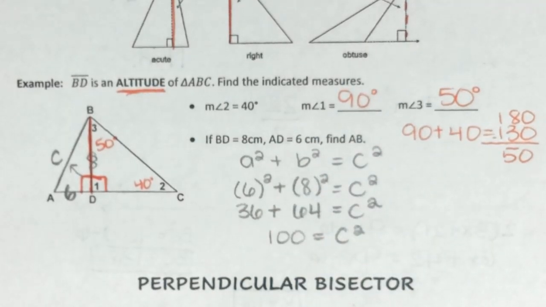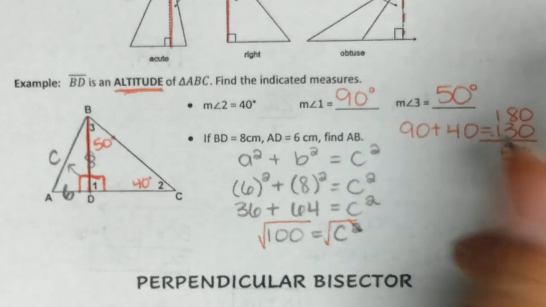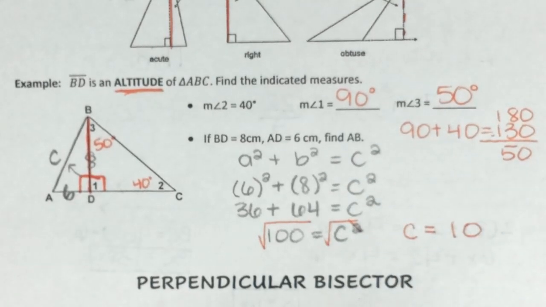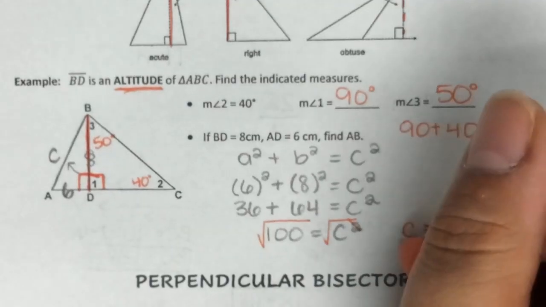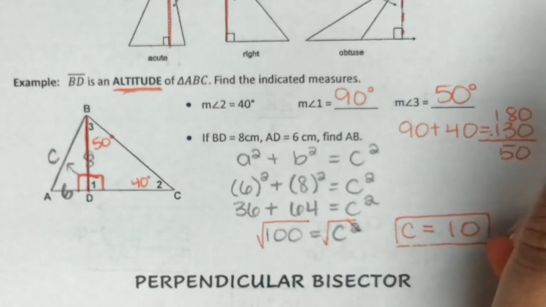And square rooted, what do I get? What's the square root of 100? Although it is plus or minus 10, can you have a length of negative 10? So we'll just leave it positive 10. Centimeters.